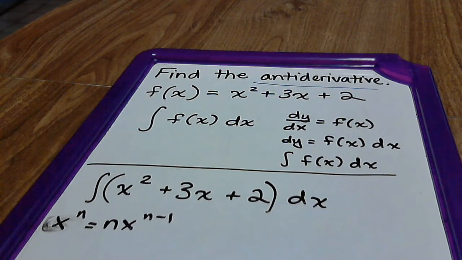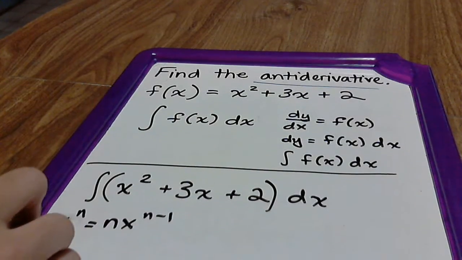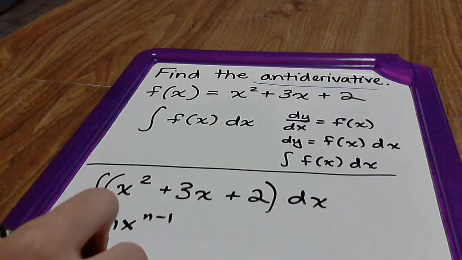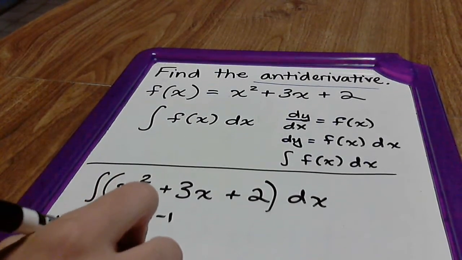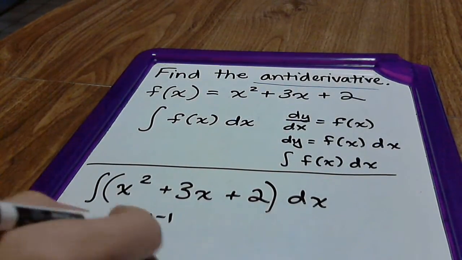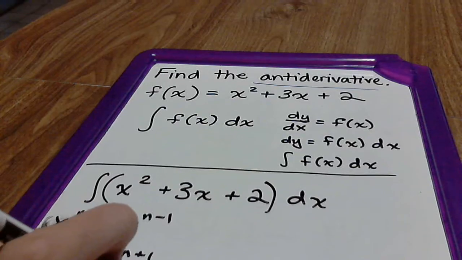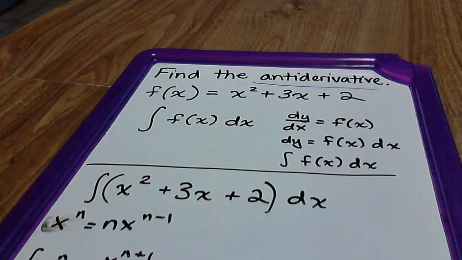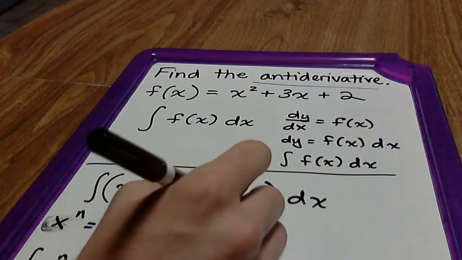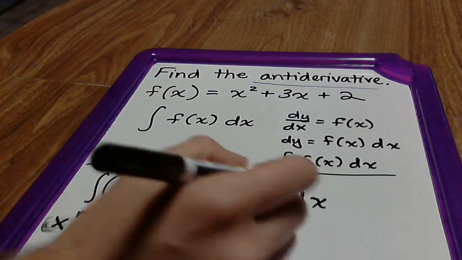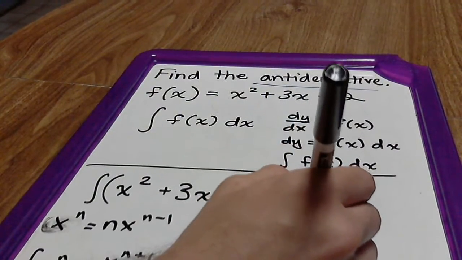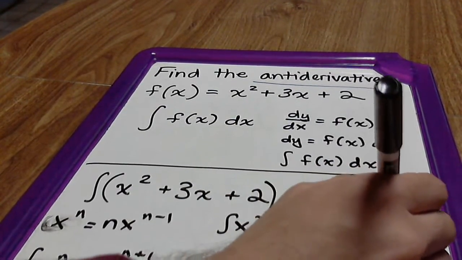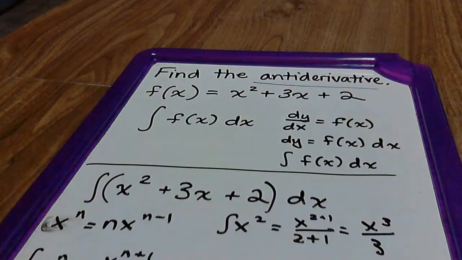So, the integral of x to the n power is equal to x to the power of n plus 1. This time we're adding 1 to the exponent, and we're going to divide by that same power, n plus 1. So the integral of x to the second would be x to the power of 2 plus 1 over 2 plus 1, which would be x cubed over 3.